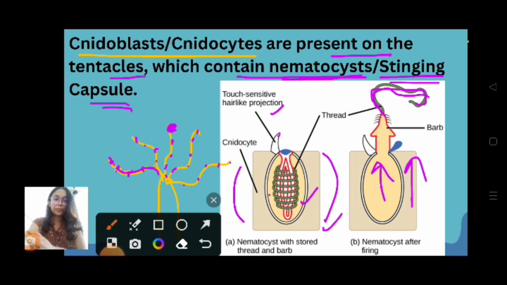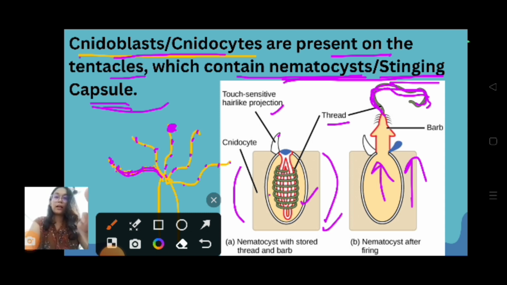Okay, is it clear? Why will you get burned? Because the tentacles have these cnidoblast or cnidocyte cells, which contain the nematocyst stinging capsule. Whenever it is in contact with it, the thread will come out. This thread, you can see, will come out. The stinging capsule will come out and it will harm you. Is it clear?